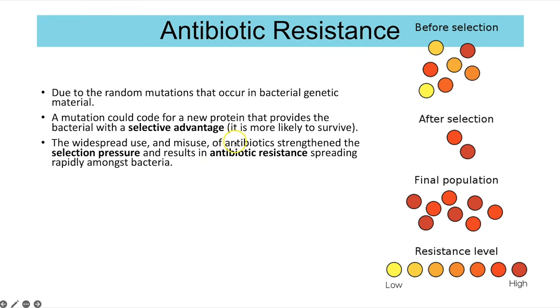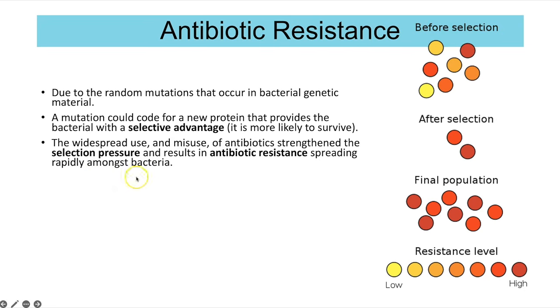As a result, that bacterium will survive, reproduce, and pass on that mutated version of the gene, which creates a protein that enables them to survive, until eventually you have a widespread population that all have the antibiotic resistant gene.